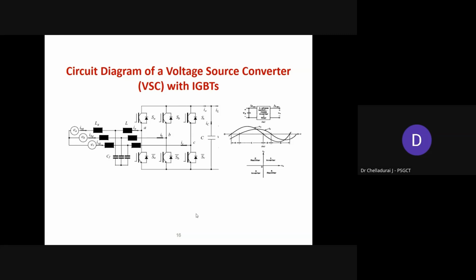So again, in this slide, an AC to DC or DC to AC voltage source converter topology is indicated. With IGBT and diode, we can easily exchange the power from AC to DC side or DC to AC side. In this simple waveform representation of voltage and current, the current lags the voltage by an angle, for example phi.